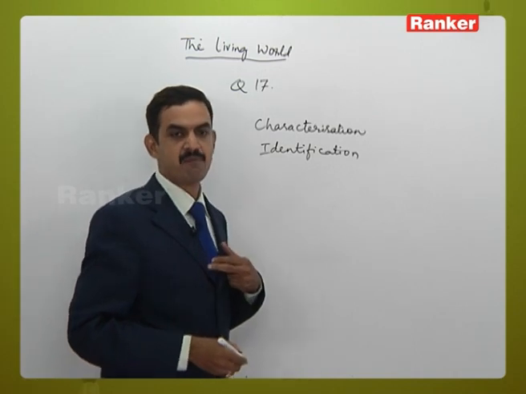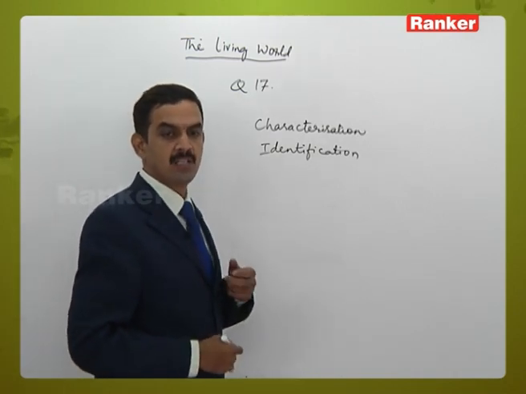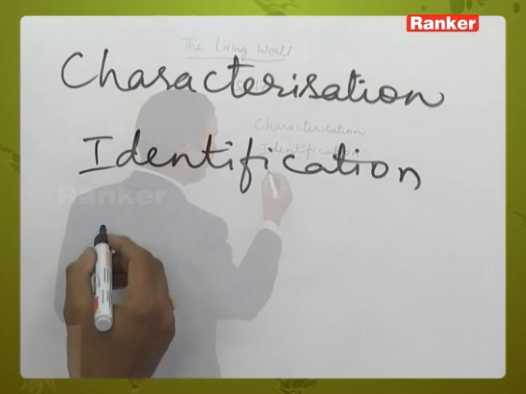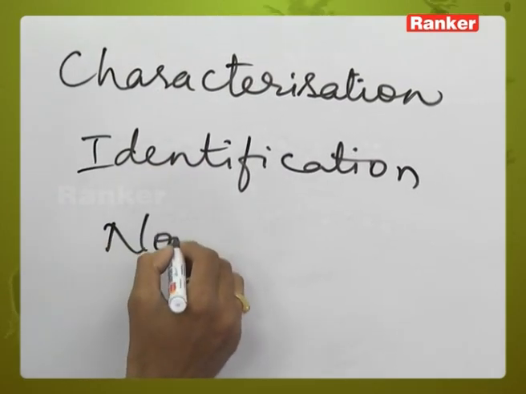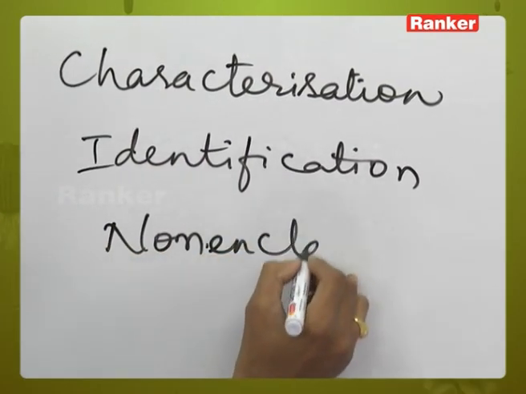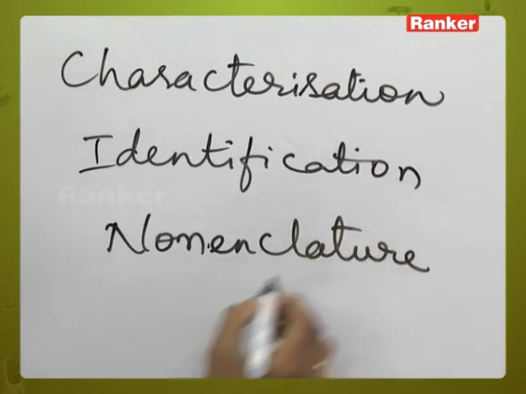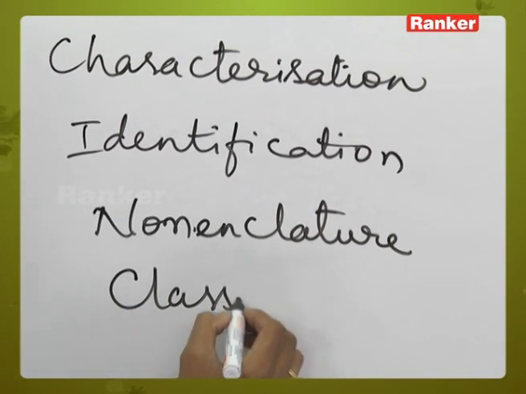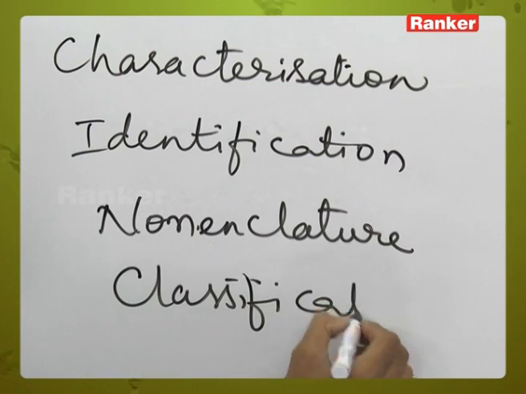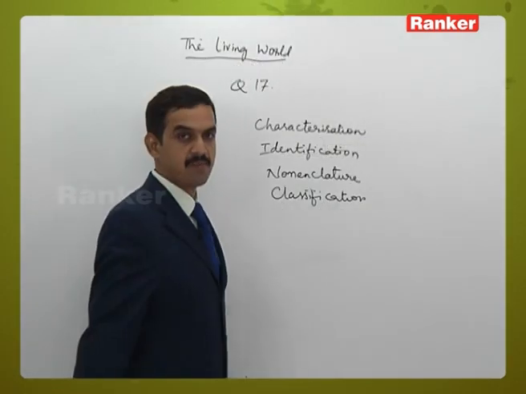And after identification, the scientist will give a name to that one, that is called nomenclature. And after nomenclature, they are classified, that is called classification.